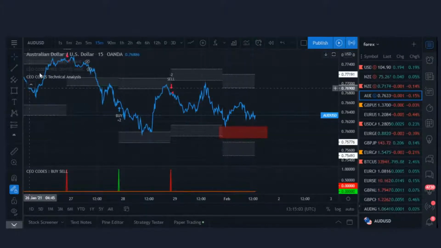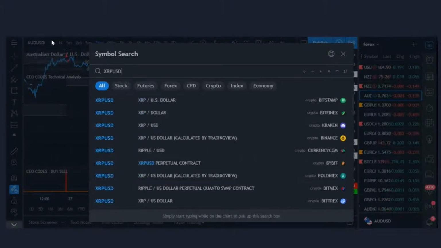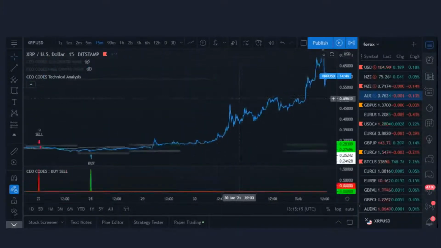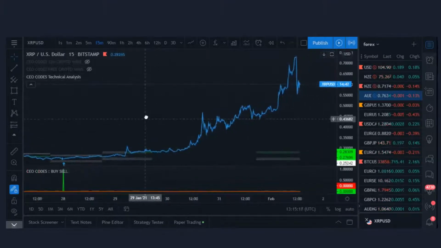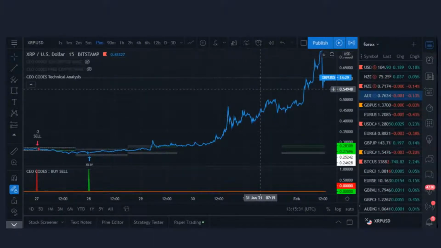Now let's go for XRP, XRP USD. Yeah, the XRP, we have the long signal here. It started since the 27th of January, I think it was Wednesday, and it still keeps going up.